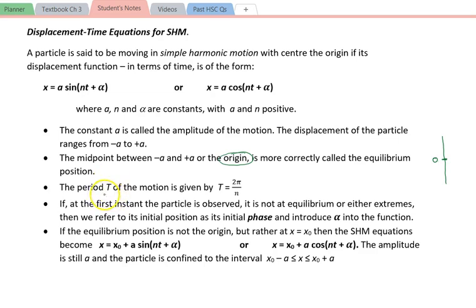We've talked about the period T being 2 pi on n, and we know that from our study of trig functions. There's a much better explanation about phase in Mr. Mung's video, and that covers the next point as well.